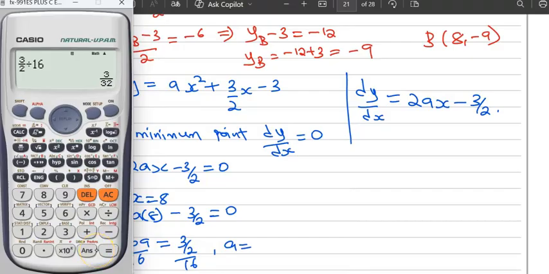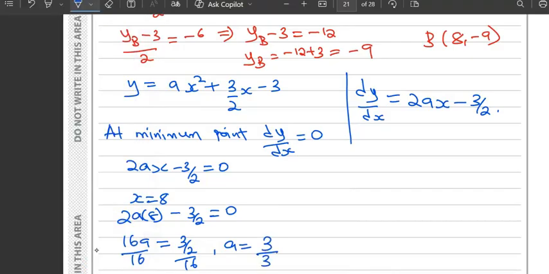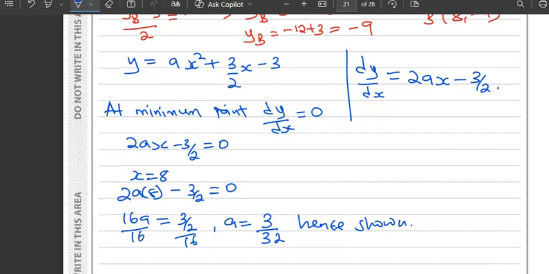So a gives you 3 over 32, hence shown. So we've shown that a is actually 3 over 32. That marks the end of part B.